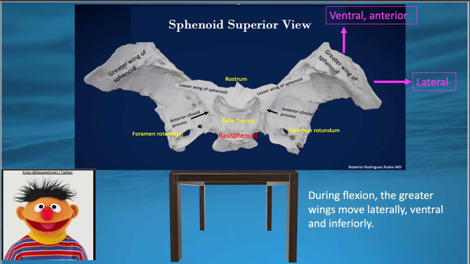And what's going to happen is that's going to cause the cranium to get bigger, right? You're going to feel the cranium get bigger, and it's going to look like Ernie. So Bert and Ernie, it's going to look like Ernie. Ernie's got a fatter head, a larger head. During flexion, the cranium gets fatter.